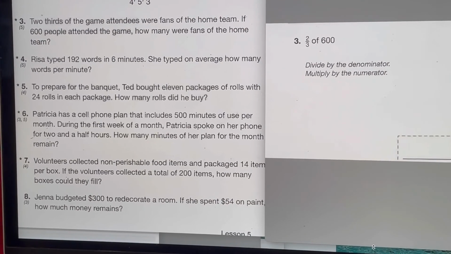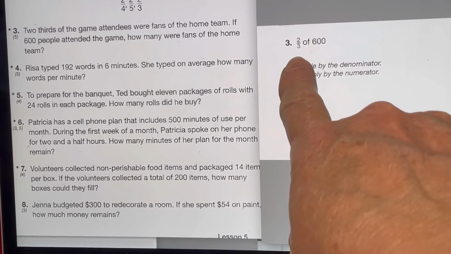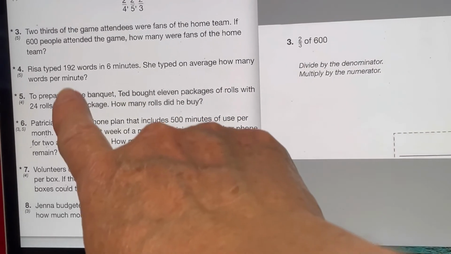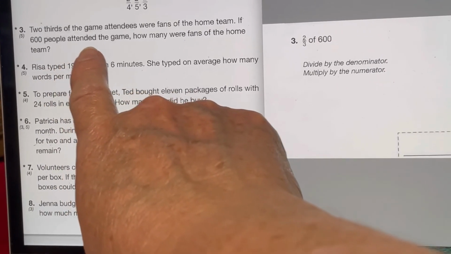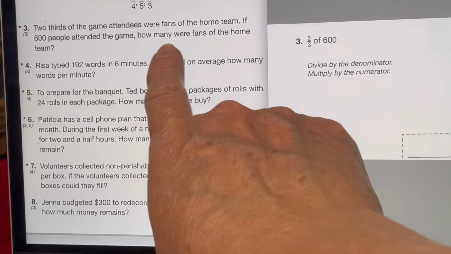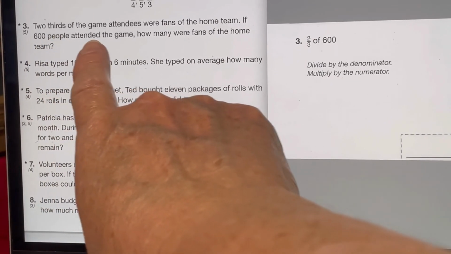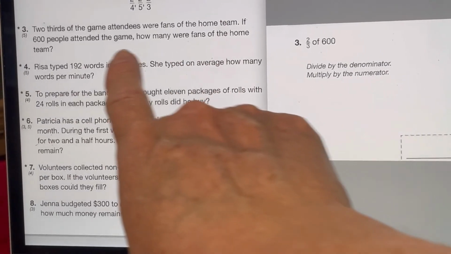Okay, last 2 examples. Here is your workbook. This is number 3. Don't just do the problem. Go over here. Look at number 3. 2/3 of the game attendees were fans of the home team. If 600 people attended the game, how many were fans of the home team?